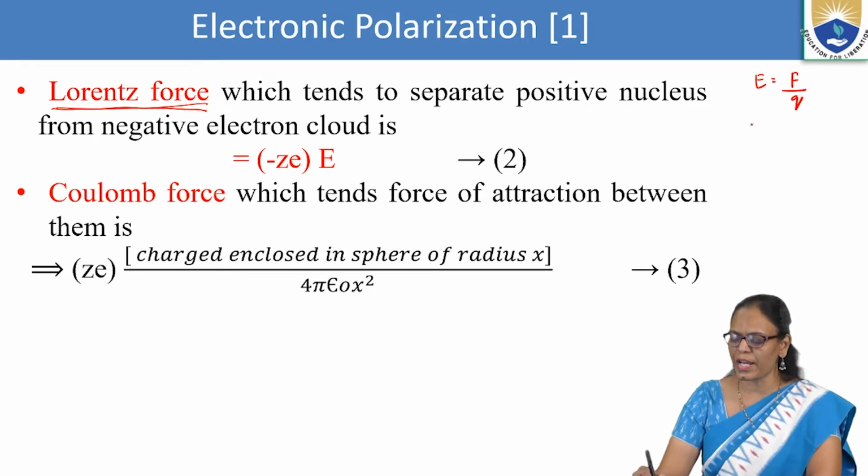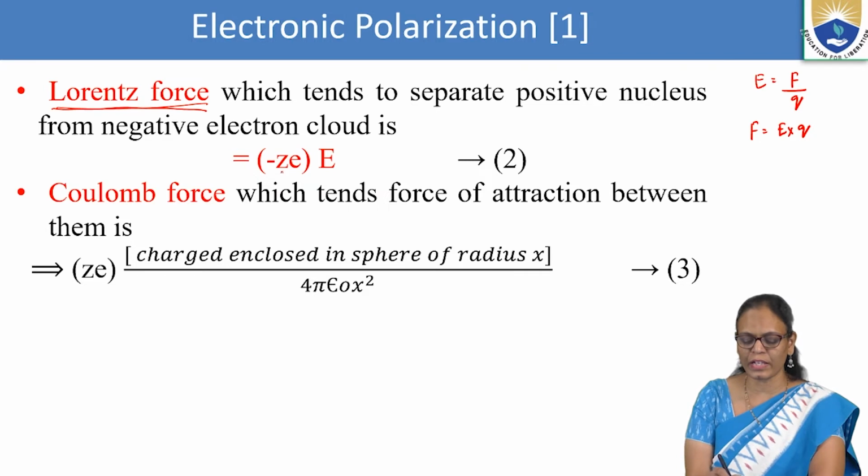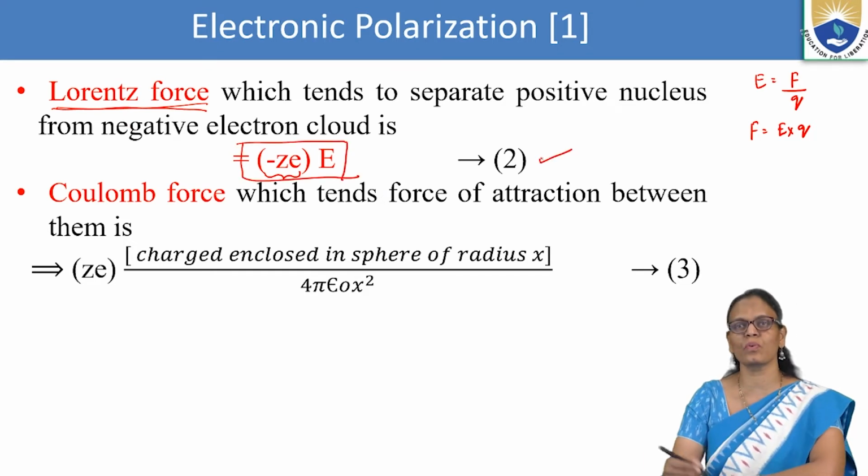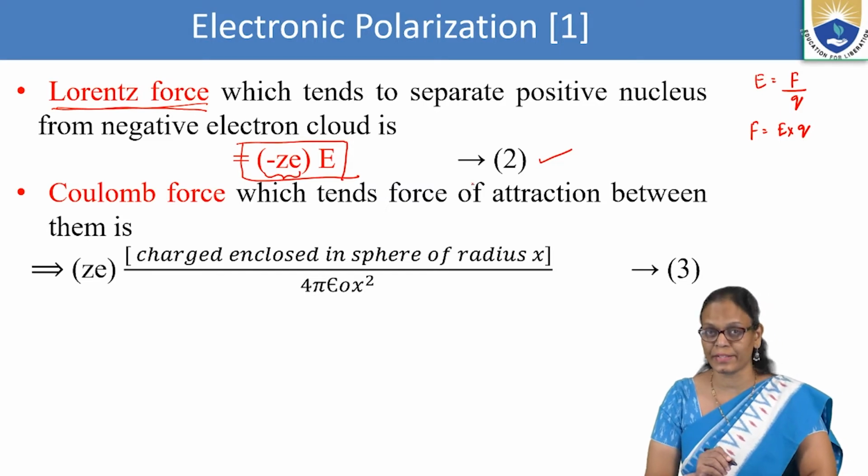So I can write F as E into Q, where E is the applied field and Q is the charge. Here we take the charge for the electron cloud as minus Ze, and the electric field applied is E. So the Lorentz force is given by minus Ze into E. We have taken this as equation 2, which we will equate later.